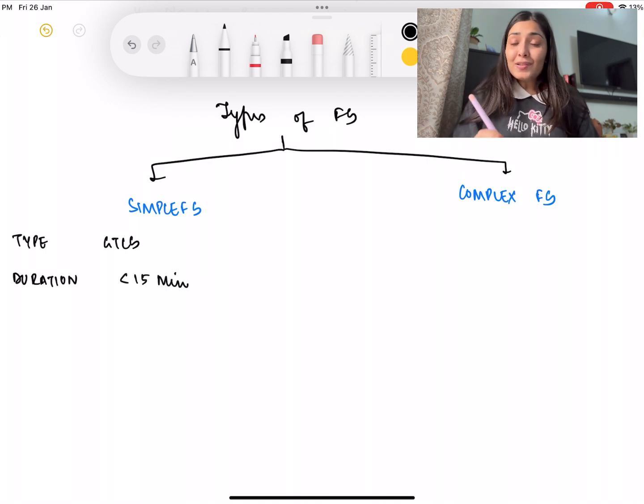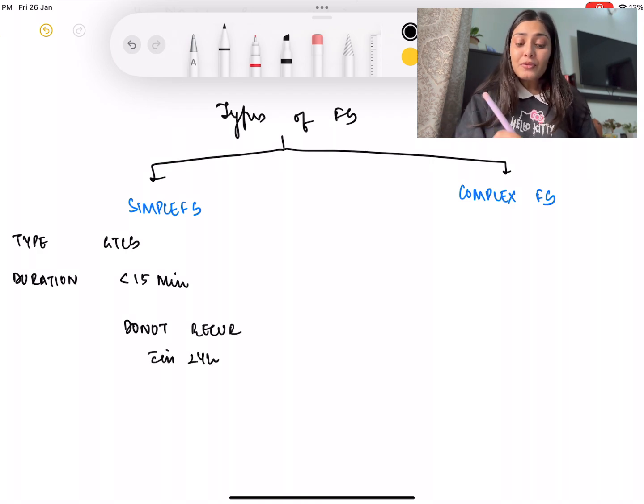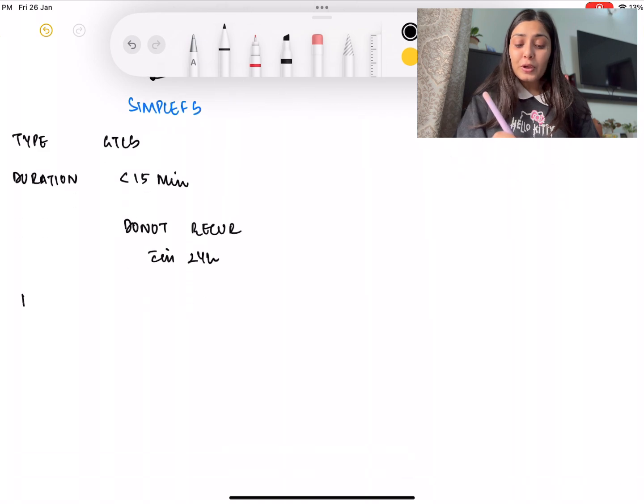And the seizure will not recur within 24 hours. For this type of seizure, the prognosis is going to be good, and there are fewer chances of recurrence in future.